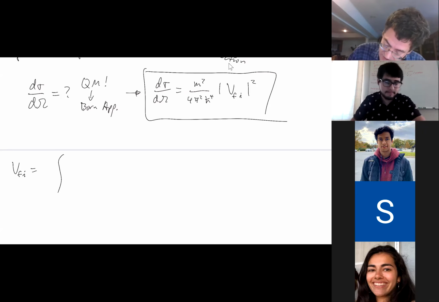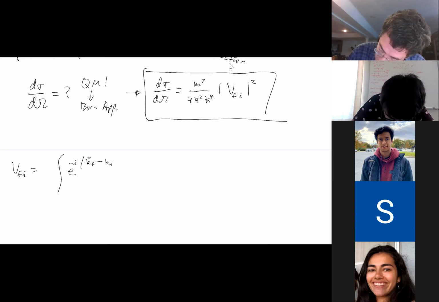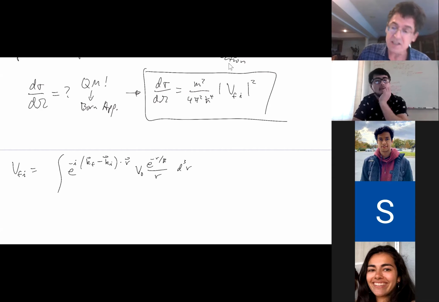I already wrote it, so I'll just jump to this form: the integral of e to the minus i (k_f minus k_i) dot r times V naught e to the negative r over R, divided by r, d^3r. Okay, so we've got to do this.